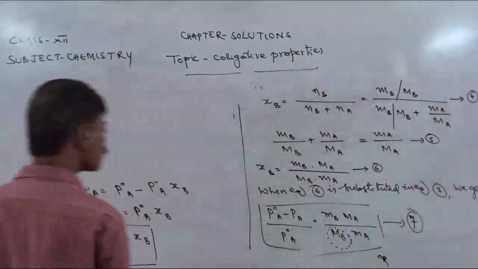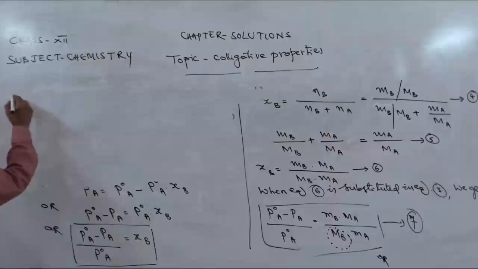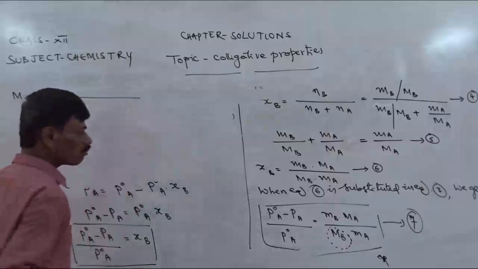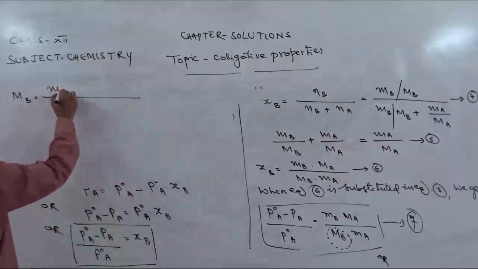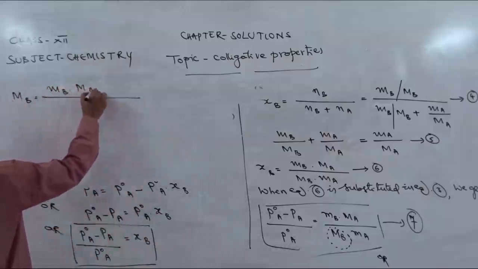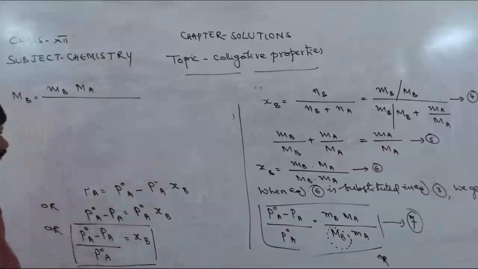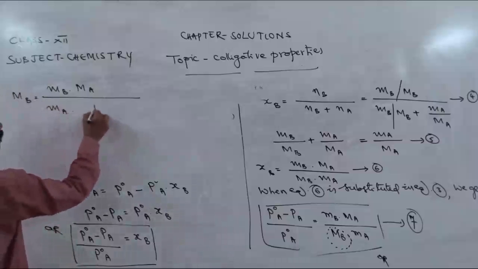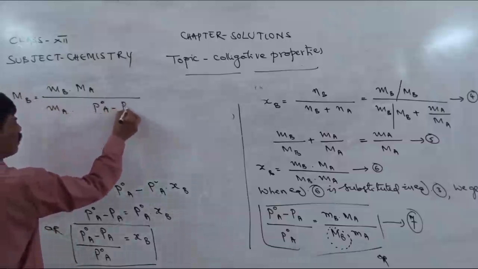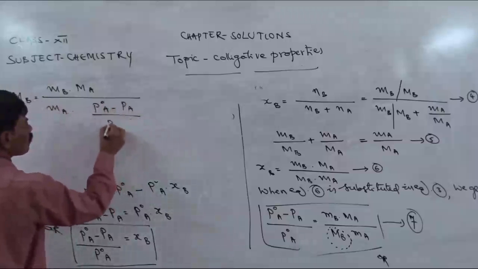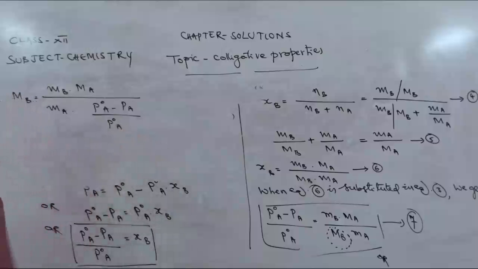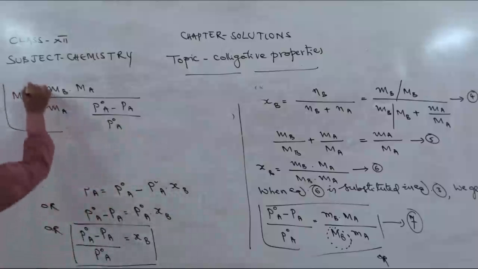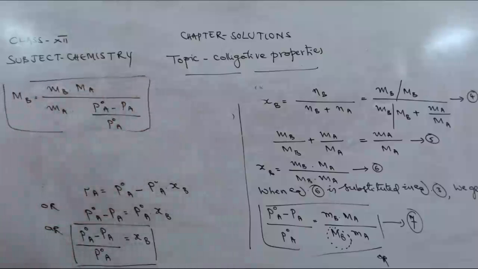This is a continuation of the 7th equation. According to the application, when we need to calculate MB, it is small mB into capital MA divided by small mA multiplied by P naught A minus PA divided by P naught A. This is the expression to calculate the molecular weight of the solute.